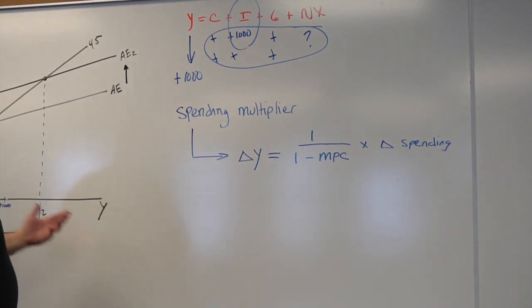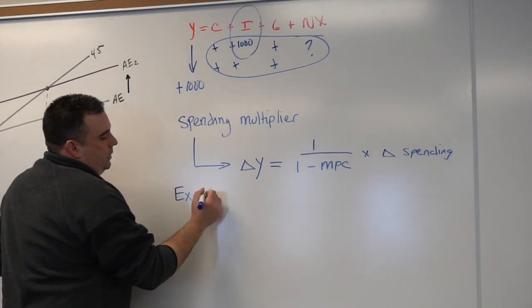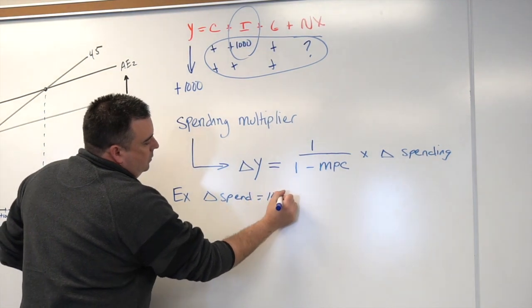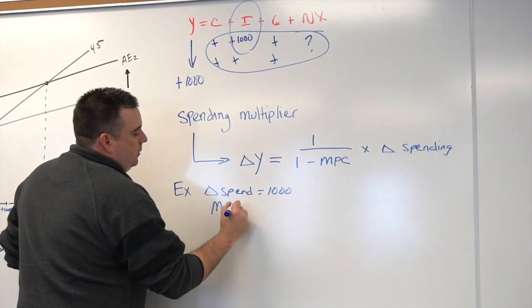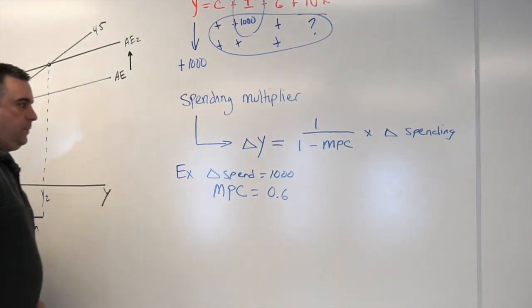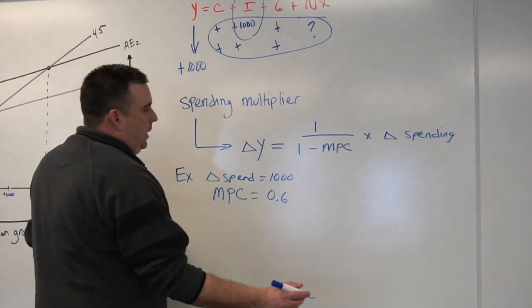So let's continue our example, right? So our example was that our change in spending was 1,000. Let's just make up an MPC, 0.6. All I did is for easy math because I can do this in my head.